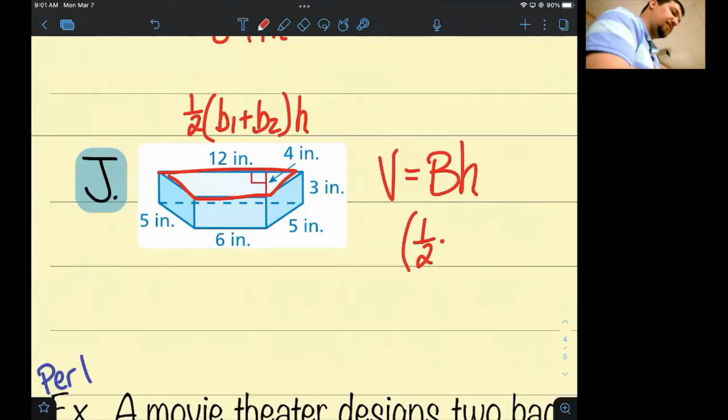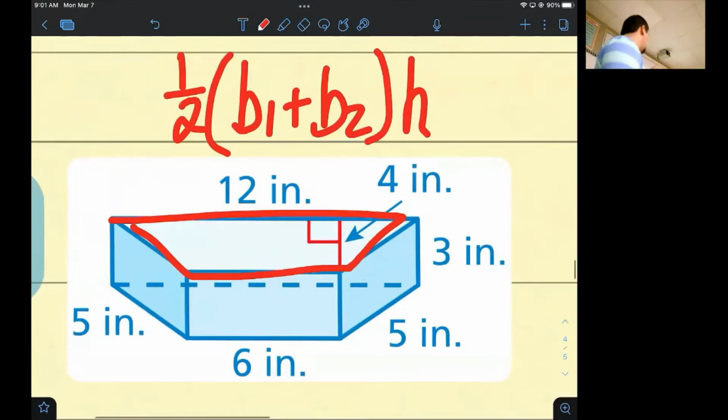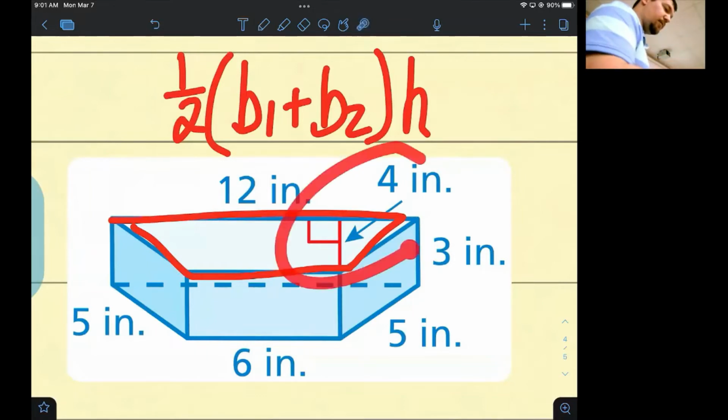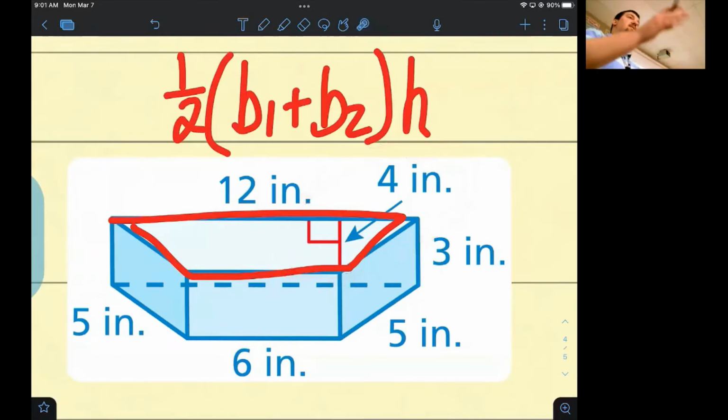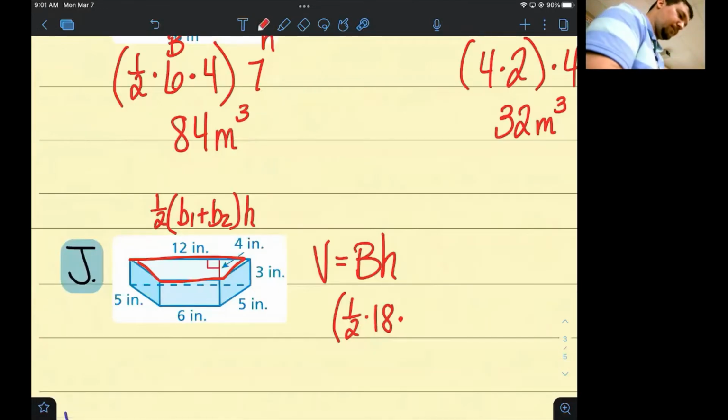So B1 plus B2 is 18. And then the height of the trapezoid is how far it is from base 1 to base 2. 4. You're exactly right. That 4 right there. That's going to give you the area of your trapezoid, your capital B.